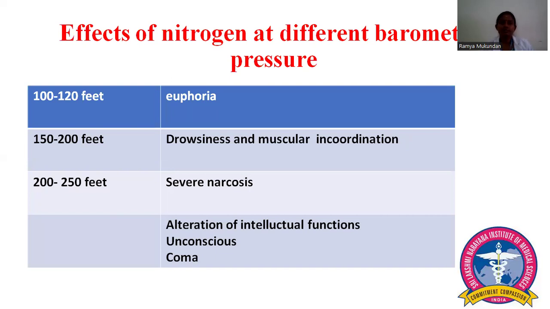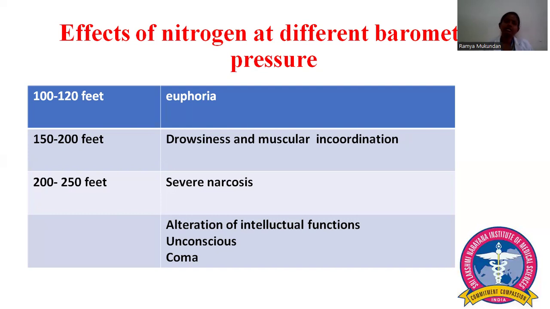First, for example, at a depth of about 100 to 120 feet, what happens? The subject or the person who descends down under the sea, breathing a combination of oxygen and nitrogen at high pressure, undergoes a symptom called euphoria. Euphoria is nothing but a sense of well-being, an elated sense of well-being in particular.